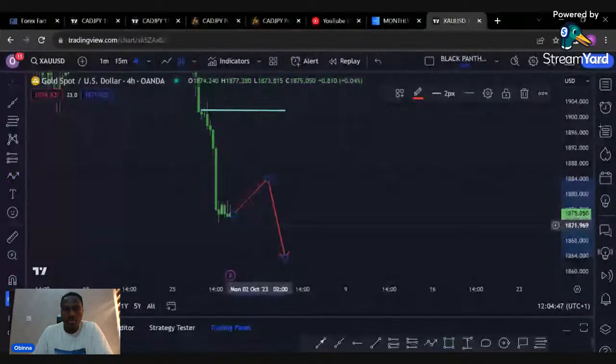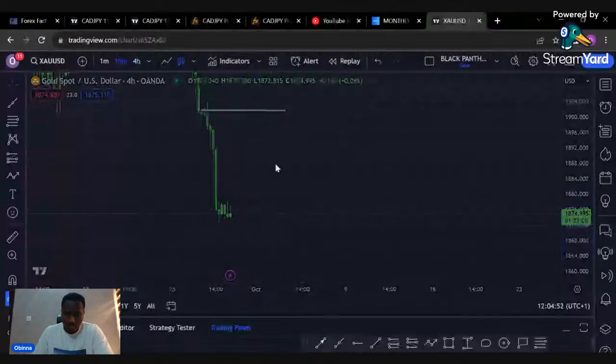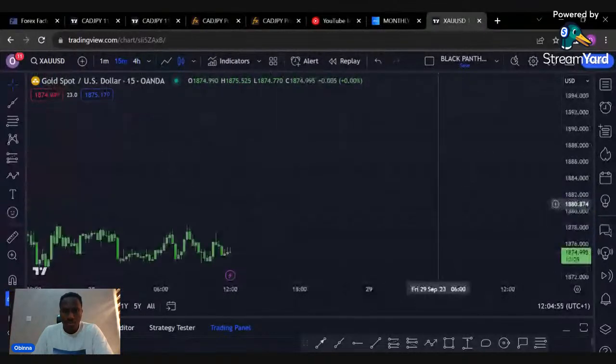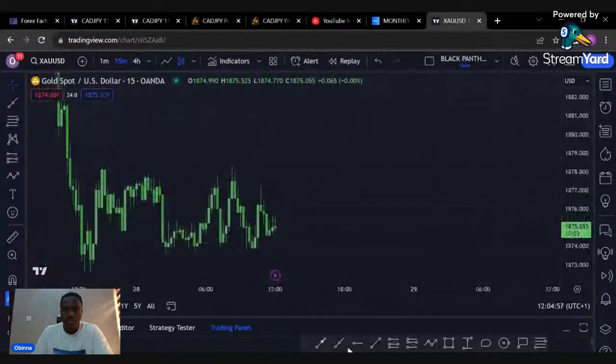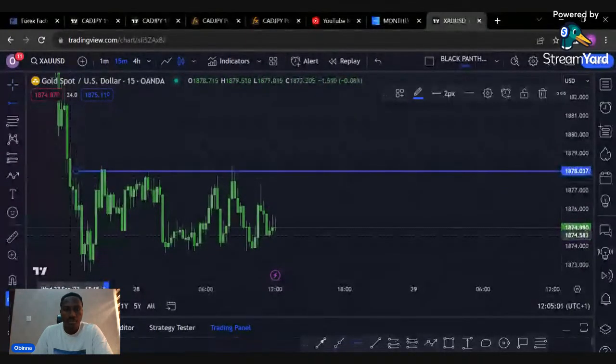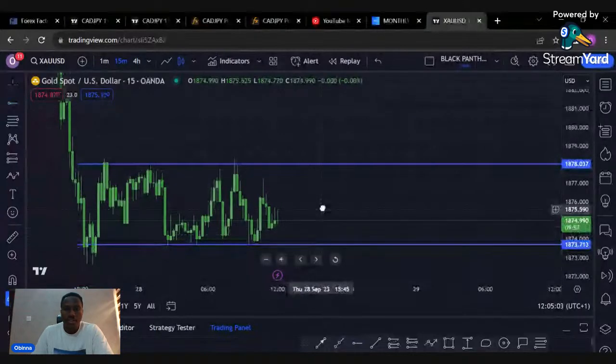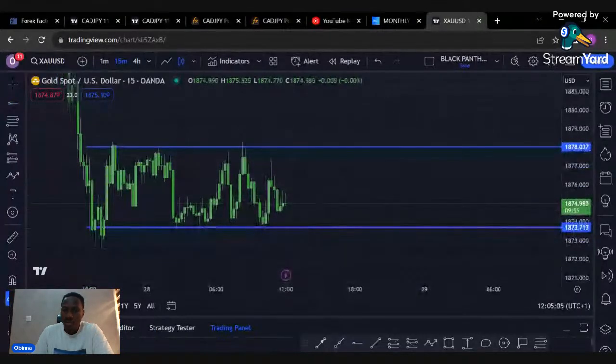Nothing much for today. On the 15 minutes time frame, I'll say it's ranging more. What I'm seeing is more of a range. So those who trade support and resistance, I don't trade support and resistance.